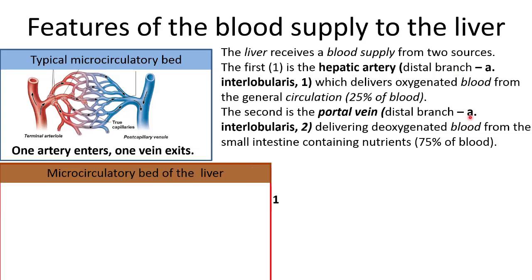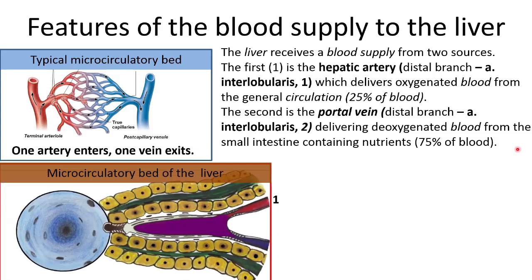There is a mistake here. It should be written not A but V, because it's vena interlobularis, which delivers deoxygenated blood from the small intestine containing nutrients.